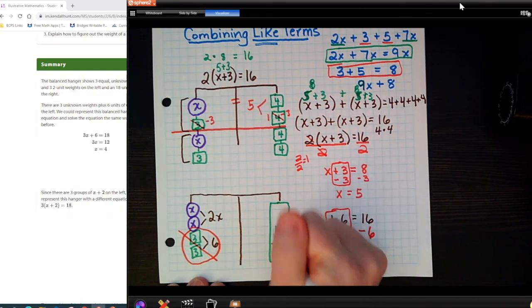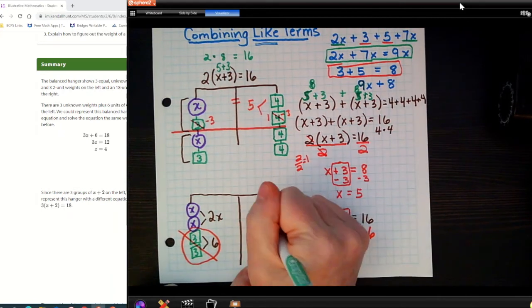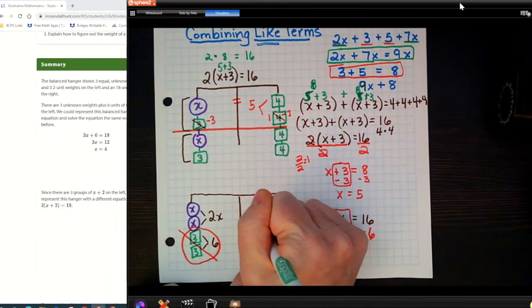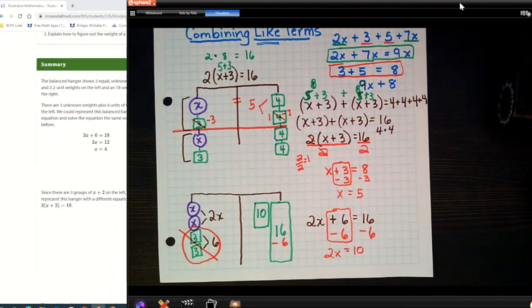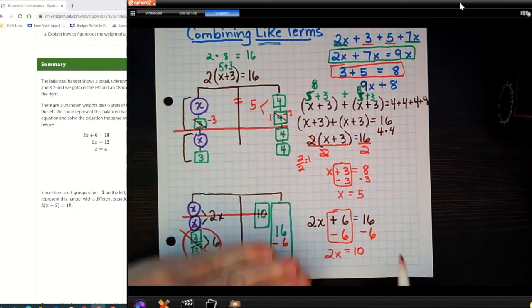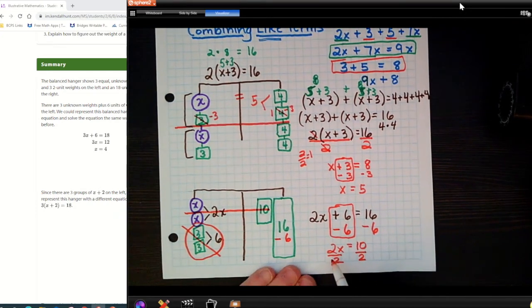So now instead of having this 16, it's actually 2x, and instead of 16, I have a 10. Now, I can just cut it right in half. So if I take my 2x's and cut it in half, and my 10 and cut it in half, divide both sides by 2. 2 divided by 2 is 1, 1x. 10 divided by 2 is 5.